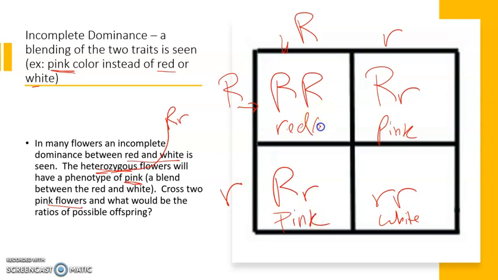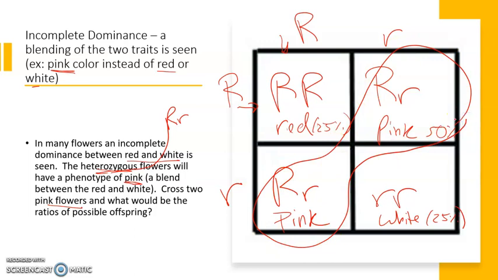So we'd have 25% chance red, 25% chance white, and then 50% chance pink. Because see, I've got two here. That would be the heterozygous genotype, which would give me the pink phenotype because of that incomplete dominance.